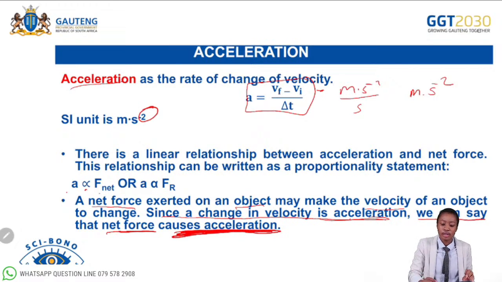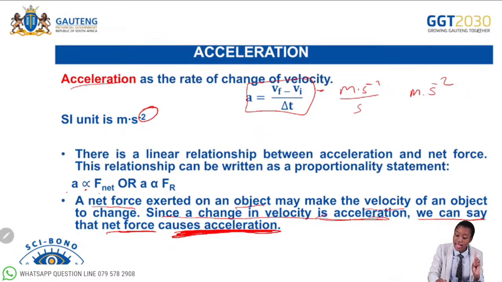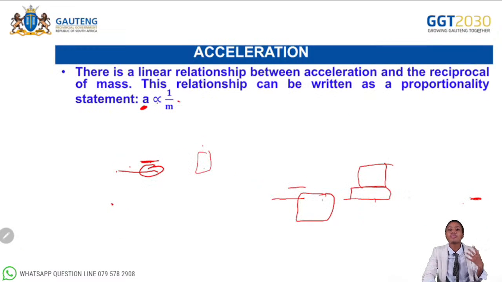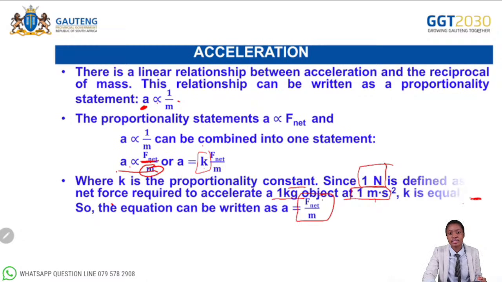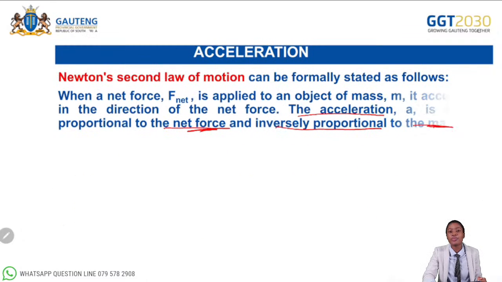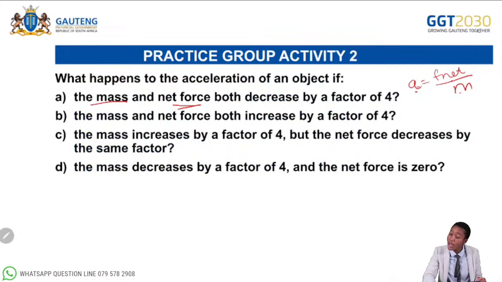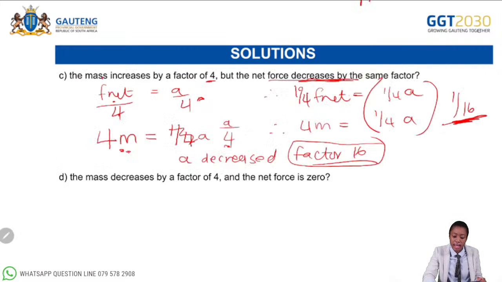Do you see that? There's a change in velocity. Net force causes acceleration. So if there is no net force for D, what does that tell you? It tells you that there's no net force, therefore acceleration in this instance would be 0. No acceleration. Once again, why? No acceleration because the net force is 0.